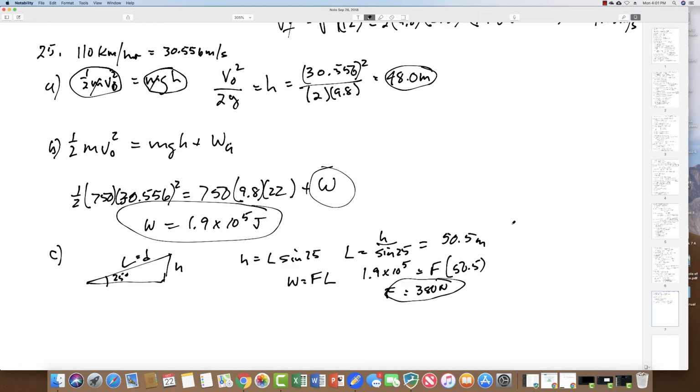It's 376, but to two significant figures, it's 380. This is actually 505 meters, not 50.5. This dot is wrong. I'm sorry, this is 2.5 degrees here, not 25 degrees. And so this is the sine of 2.5 degrees and the sine of 2.5 degrees. And that's why that's 505, not 50.5.